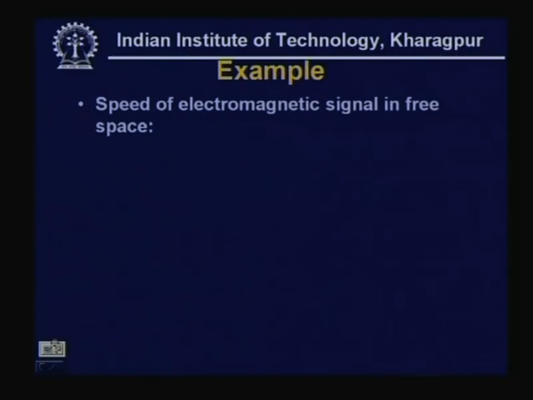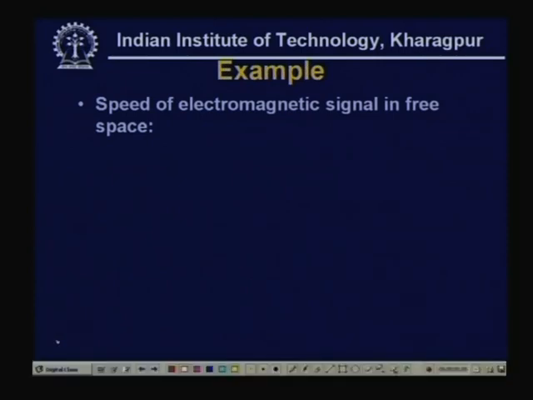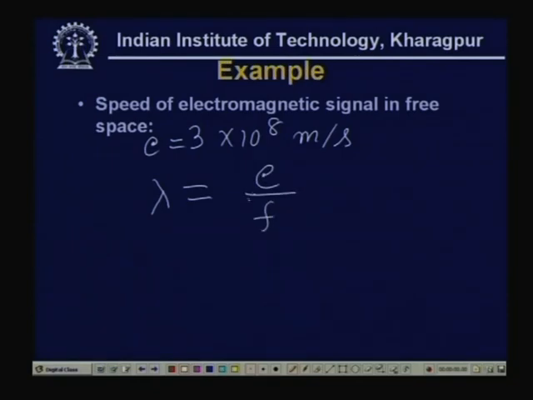Let me explain with the help of an example about the speed and frequency. For example, the speed of an electromagnetic signal in free space is 3 into 10 to the power 8 meter per second. Now, lambda is equal to c by frequency, the speed of light by frequency.